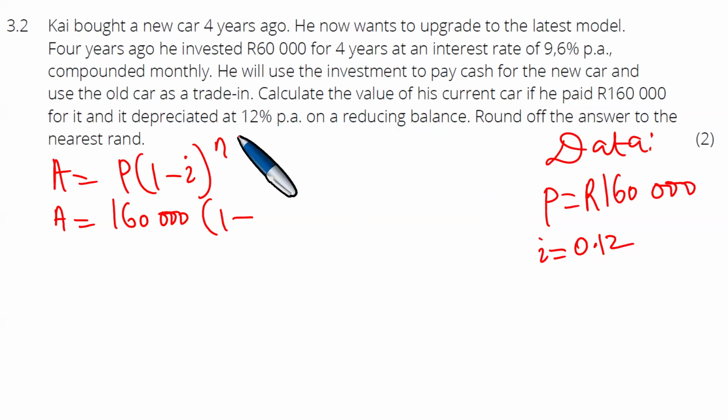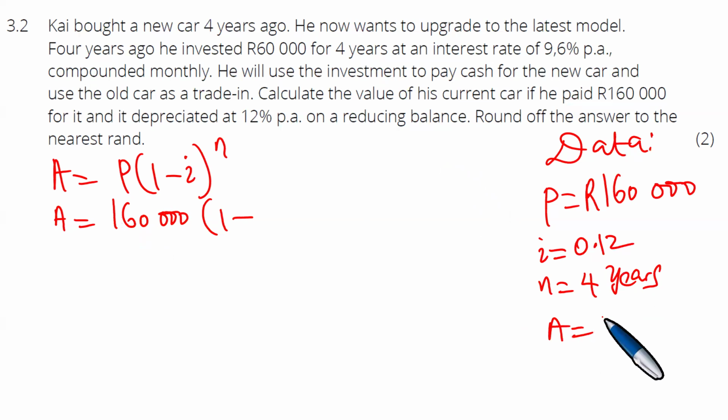Exactly 4 years we're talking about, so n is 4 years. What else do we have here? Okay, so we must look at the symbols we have. A is the question mark because we're saying calculate the value of his current car if he paid 160,000 minus 1, this 0.12, and the years are 4.